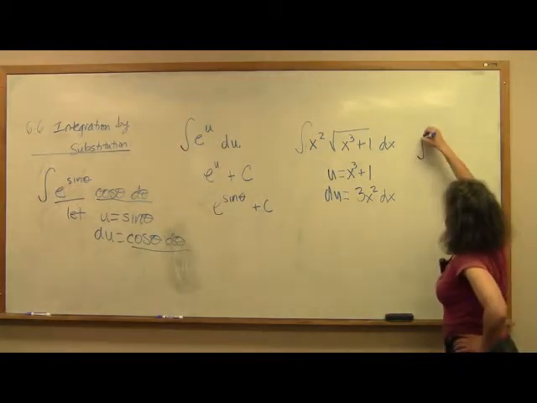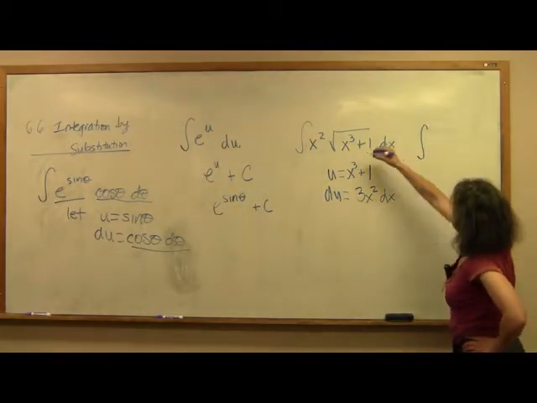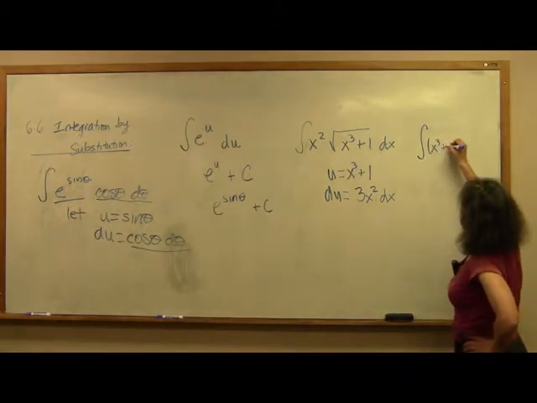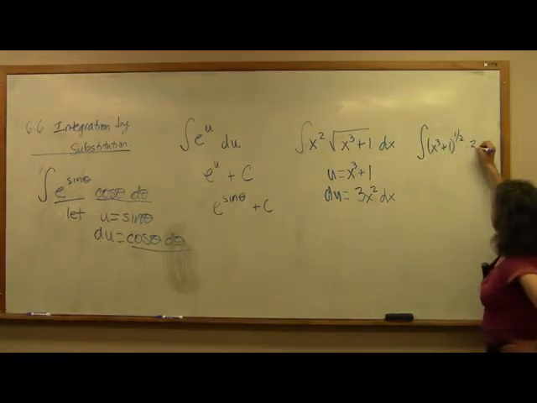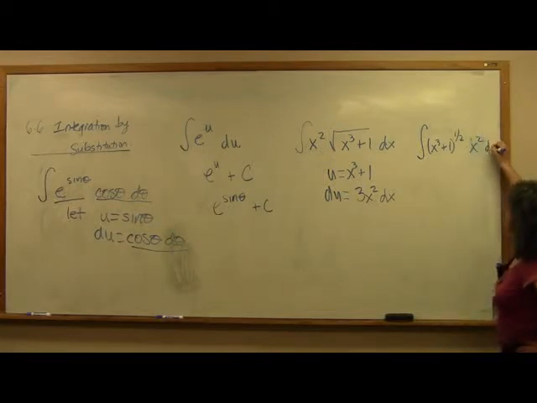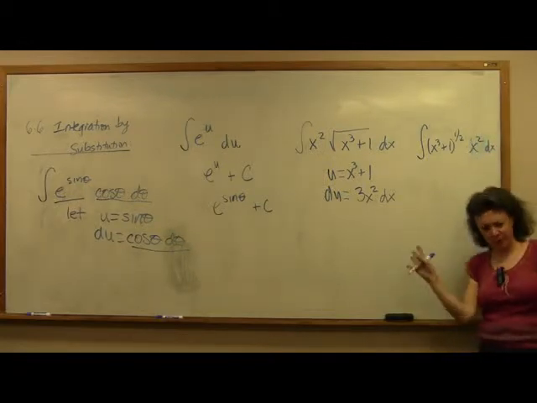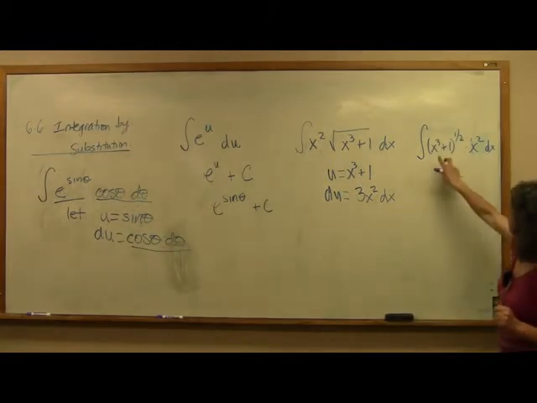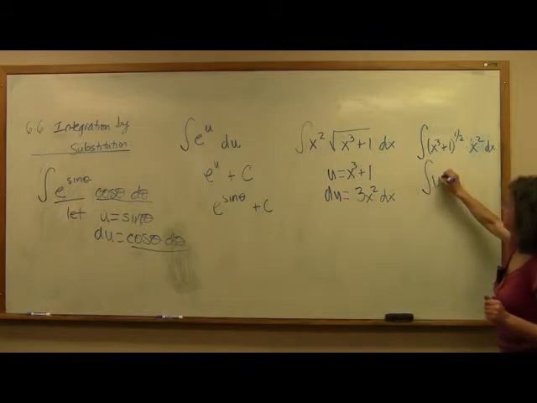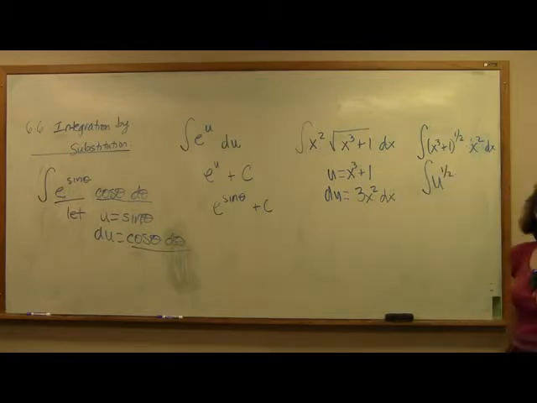So, what I'm going to first do is say that this is x cubed plus 1 to the 1/2, and then I have, oopsie, an x squared dx. Okay, I just rewrote the order. That's all fine. Okay, well, we know that x cubed plus 1 is equivalent to u to the 1/2.